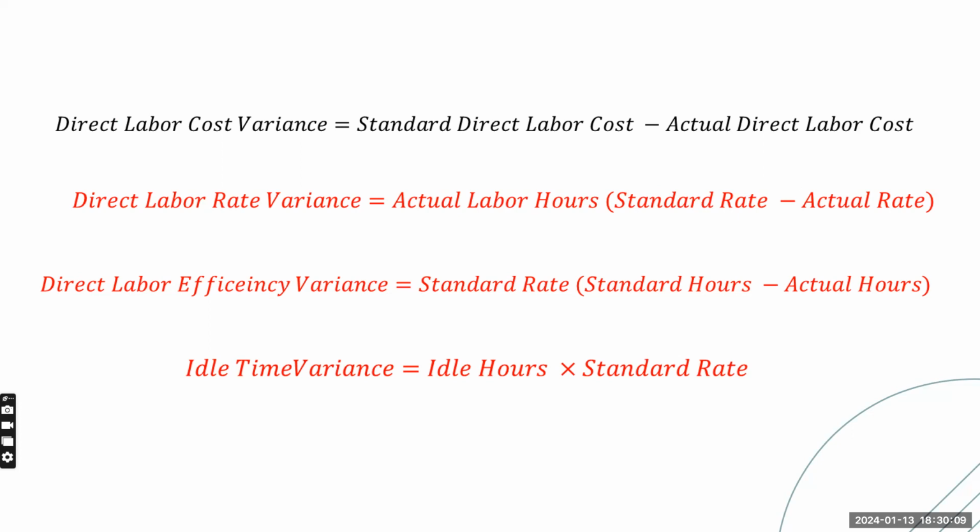Idle time variance. What is this idle time variance? Idle time, kids, now imagine you are running a business. In that business a machine breaks down. Whose fault is that? The employees' fault? No. Okay, it's the fault of the company. Because the company did not maintain this machine properly, the machine has broken down. So what happens when the machine is broken down? They need to repair it. To repair the machine, it takes some time.